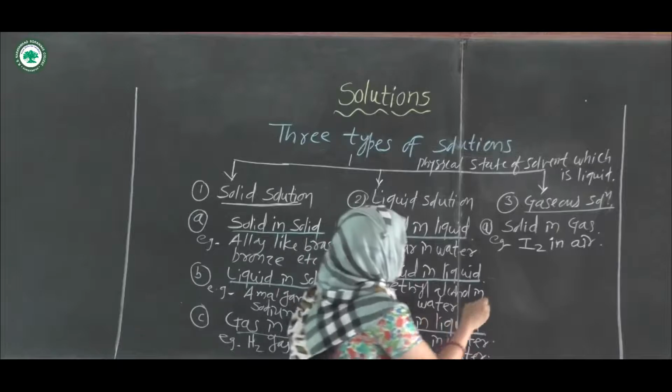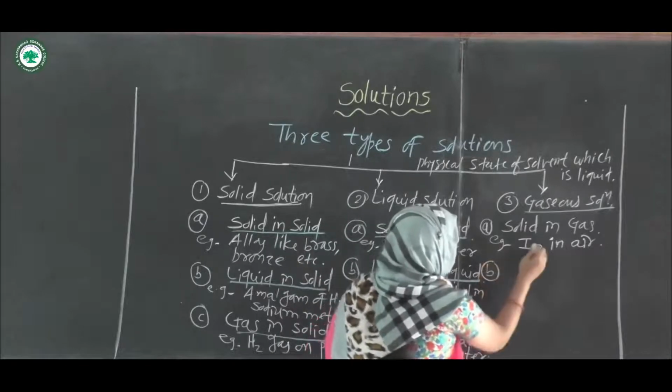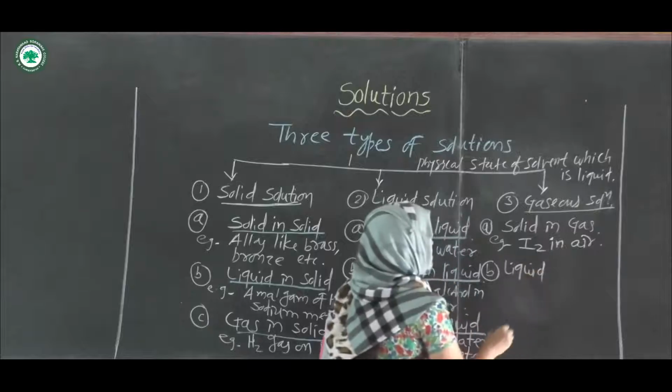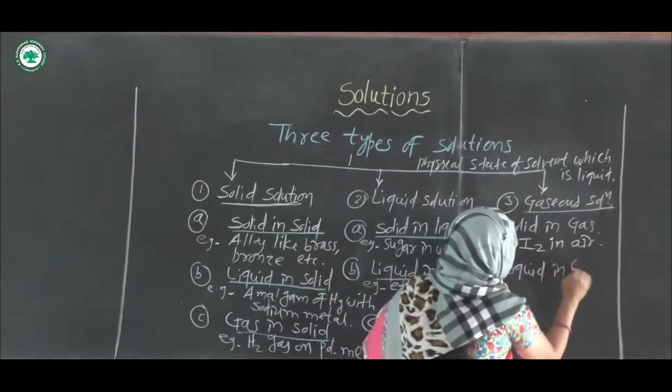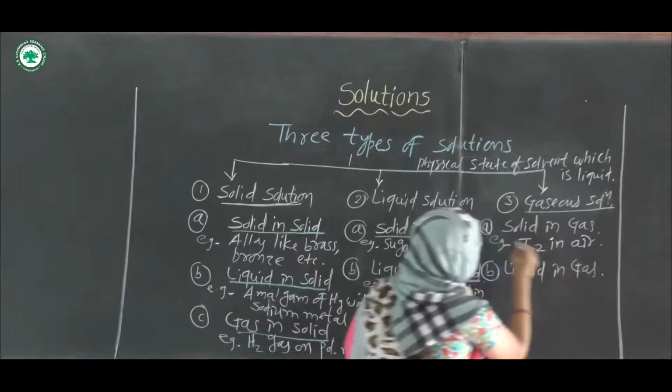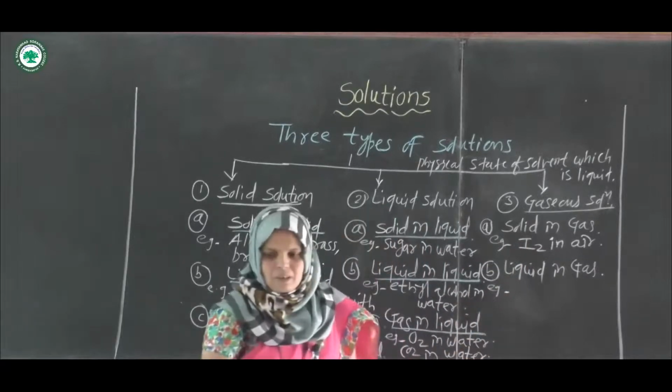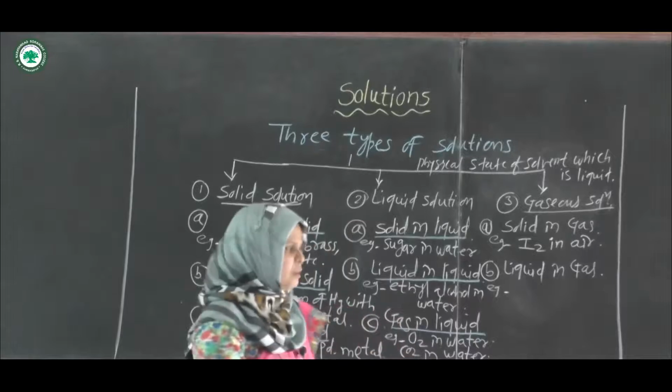Okay, next is liquid in gas. The second type of gaseous solution is liquid in gas. What is the example of this? In liquid in gas, chloroform in nitrogen gas.